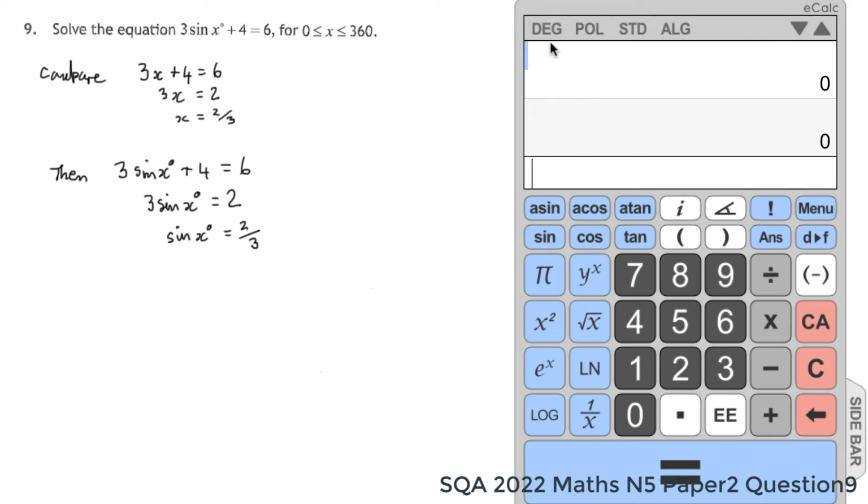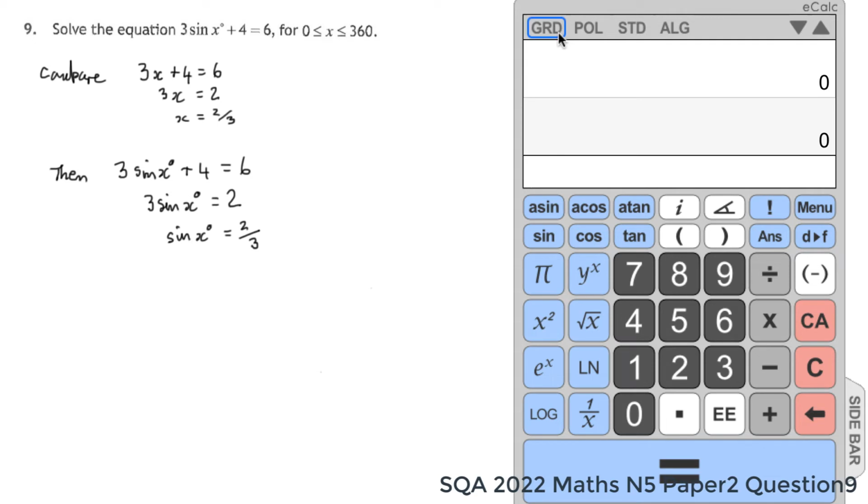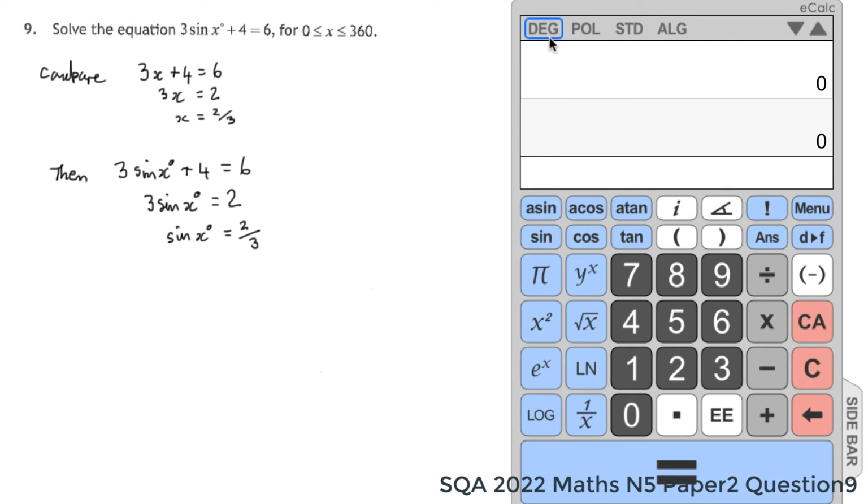Now make sure please that your calculator is in the correct mode. It should have deg, not GRD or not rad. It should be in degree mode so that it recognises that we're using degrees as the angle measurement. So sine of an angle is 2/3. This button here, sometimes it's sine to the -1 on your calculator, would involve finding the angle whose sine is 2/3.